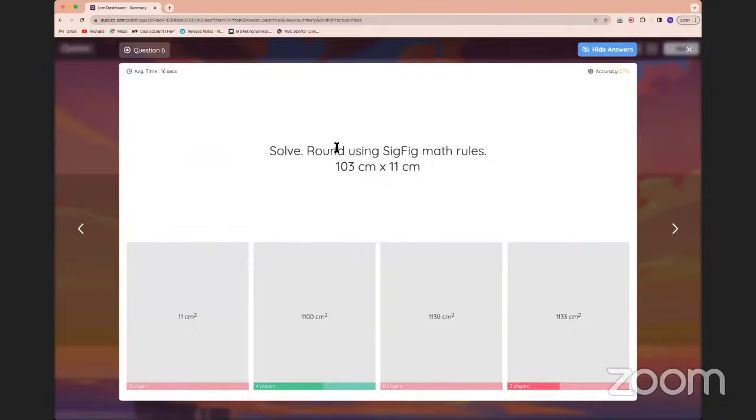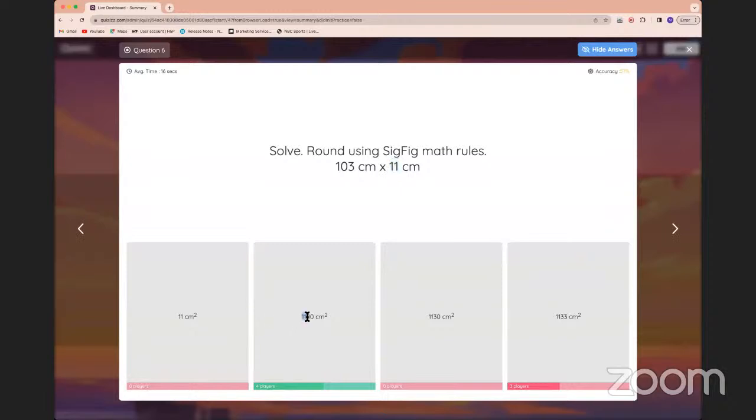And then here's a question on using significant figures math rules. So when you multiply 2 numbers or 2 measurements, the answer should only have as many significant figures as the least accurate number. So the number with the fewest sig figs is 11, which has 2 significant figures. So the answer can only have 2 significant figures.